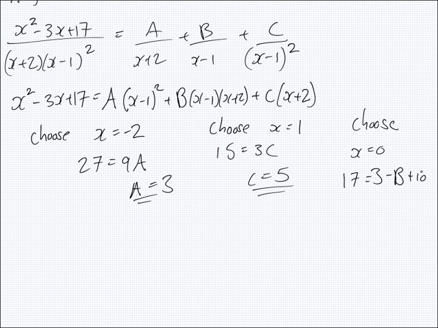Minus 2B. Is it minus 2B? Yeah, minus 2B, because of the 2 here. Plus 10. So I get 7 equals 3 minus 2B. So B is 2. Is it 2 or minus 2? No, minus 2.